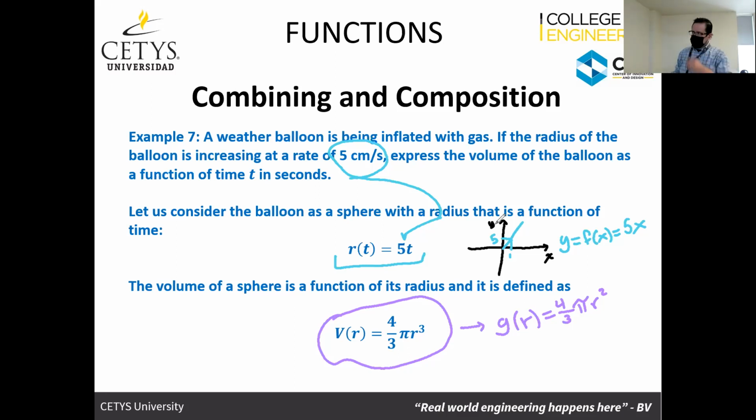And so now imagine that we have g of r. And actually what I'm trying to get to is a function g that has to do with time. So instead of having r, I'm going to substitute r of t here.